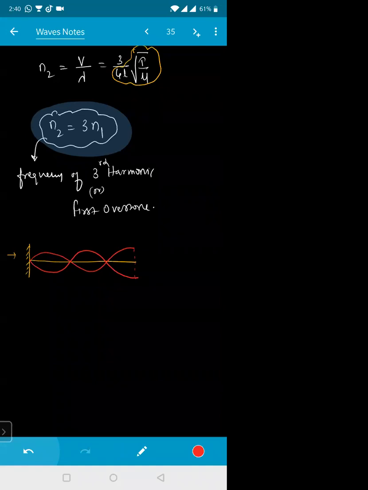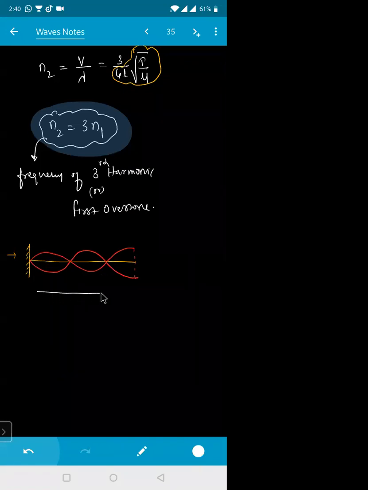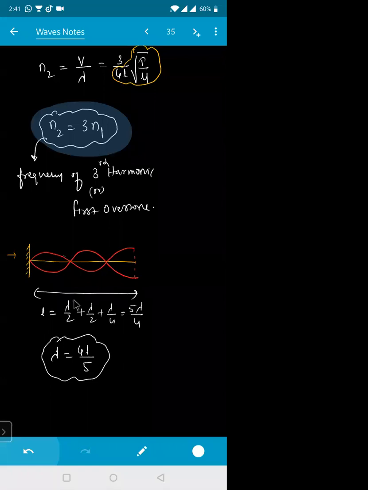So tell me what will be the length, beta? 5 lambda by 4. From here to here, the length L will be equal to how much? This one is lambda by 2, plus lambda by 2, plus lambda by 4. This will be 5 lambda by 4. That means lambda is equal to 4L divided by 5.